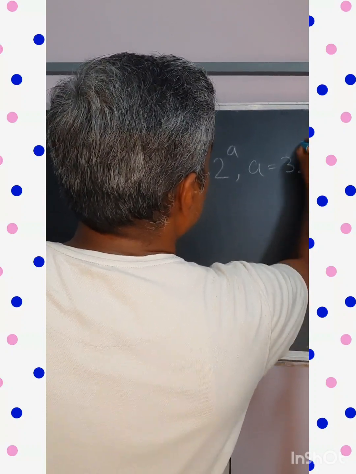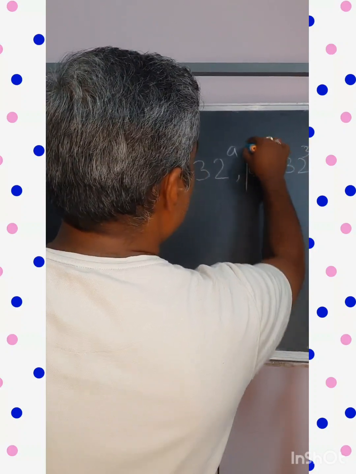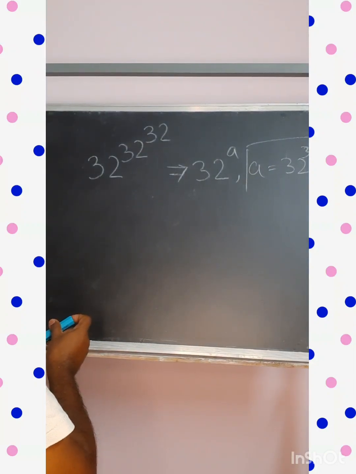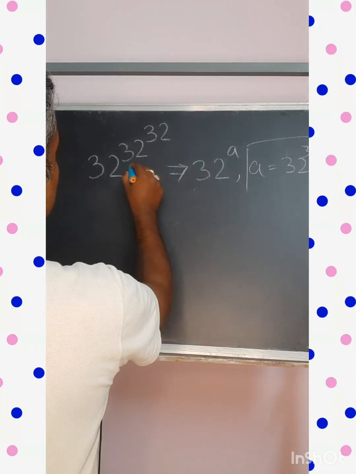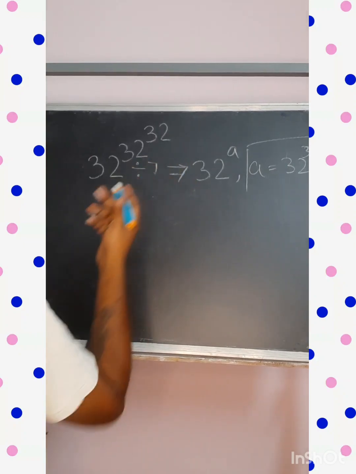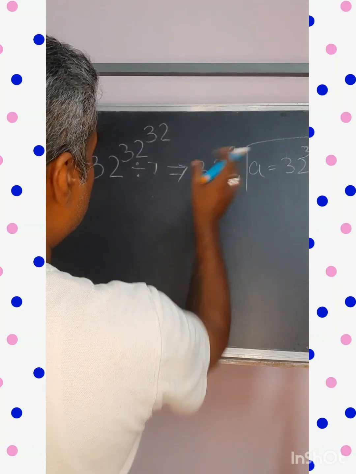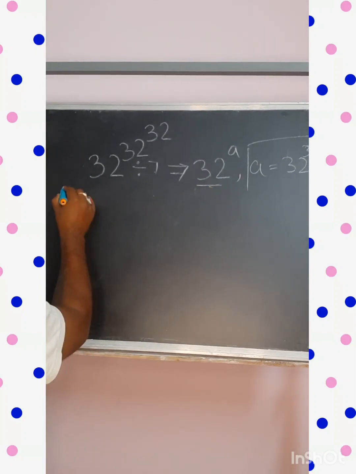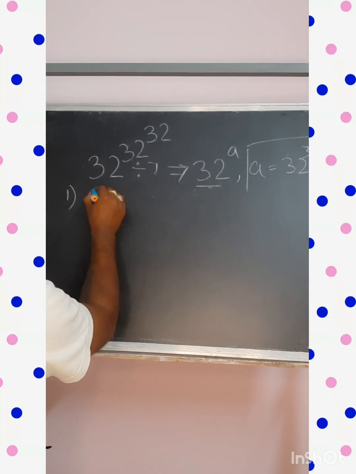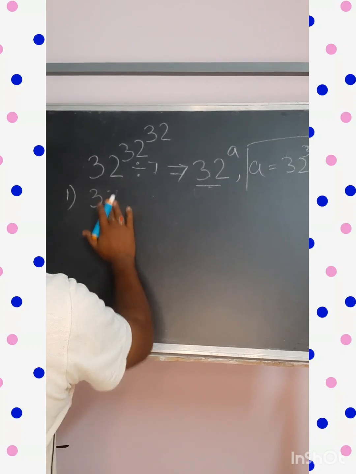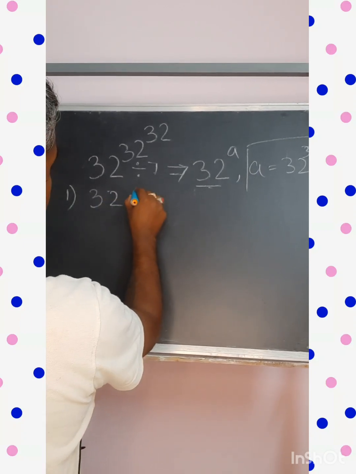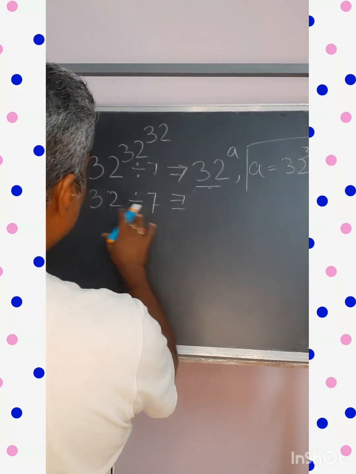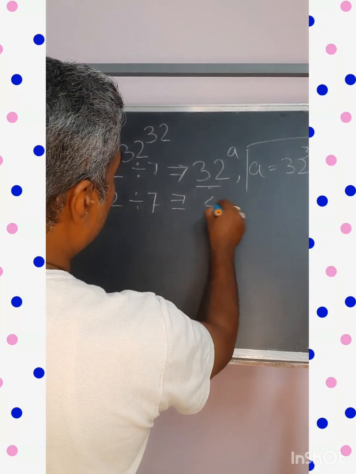I am not thinking of this part initially. Here this number is to be divided by 7, what would be your remainder? That is the ask of this question. Now I will start with 32 first. In the first step I will see what the remainder is if I divide 32 by 7. Here you can see that the remainder in this case is 4.